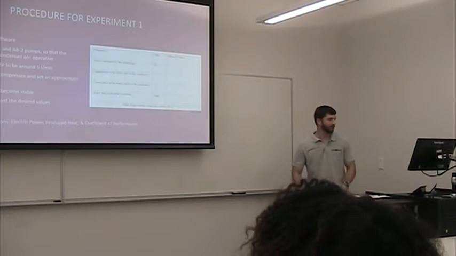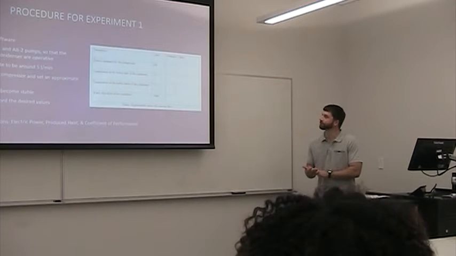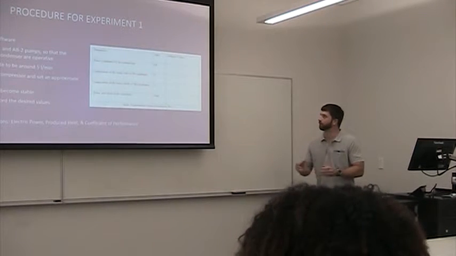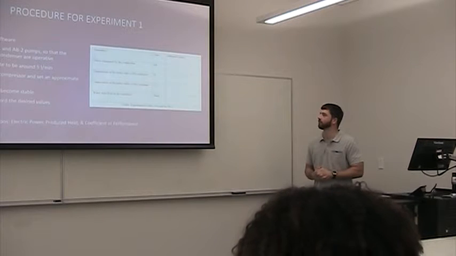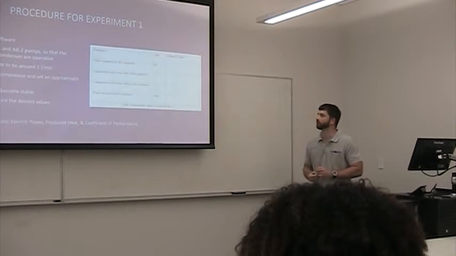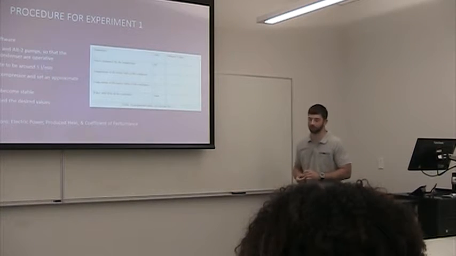So for the first part of this experiment, there's two tests. They're both very similar. This is the first one, and the procedure is pretty simple. We're going to start the software.